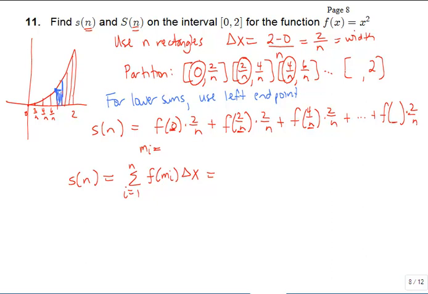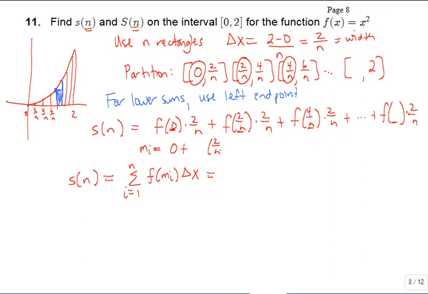It's kind of like we did at the beginning of this lecture, trying to look at this sum and come up with a formula for what it would be in summation notation. So this very first left endpoint is 0. And what I want to do each time is add some of these widths to it.